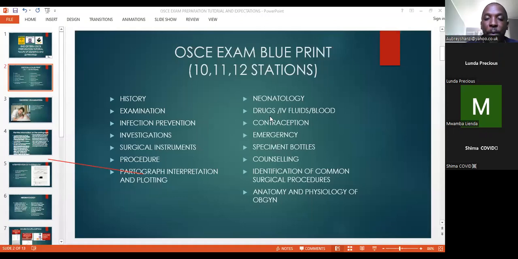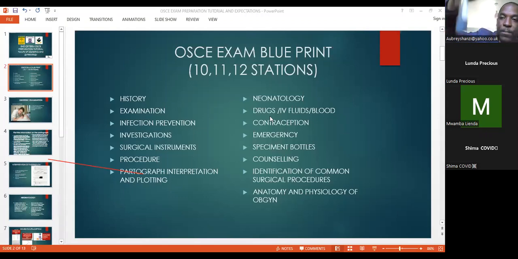Your specimen bottles. What do you use the purple bottle for? What do you use the blue top bottle for? What do you use the orange top bottle for, and so on? I think I showed you all these funny things. We have a tutorial about them, so check them out. What is this one used for? What is this one used for? The blue one, things like that.